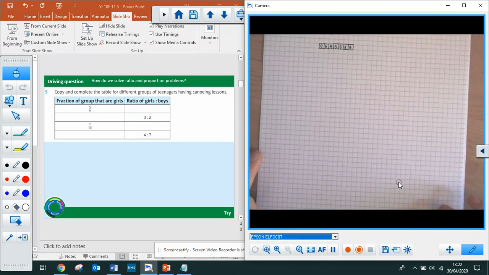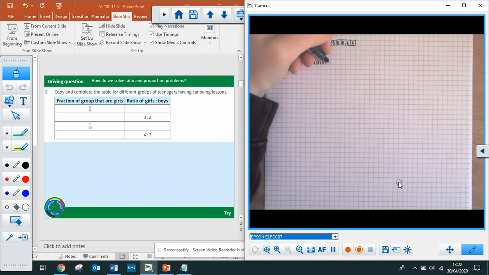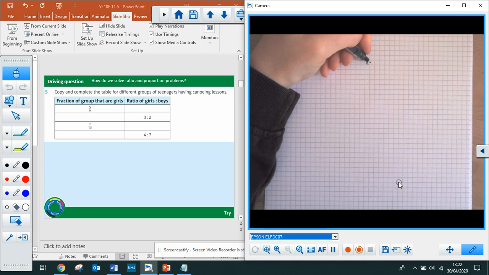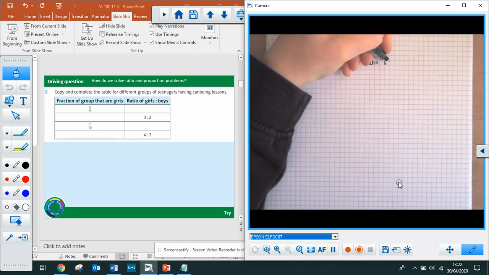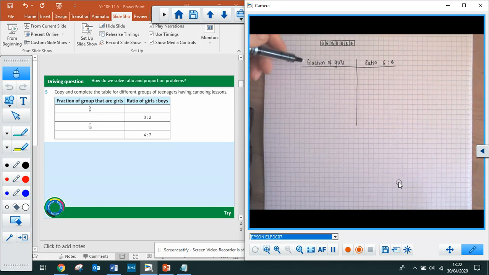Okay, so we've got the fraction of girls, or we've got the ratio of girls to boys, okay? And we need to complete the table so that we have comparable fractions to ratios, okay?